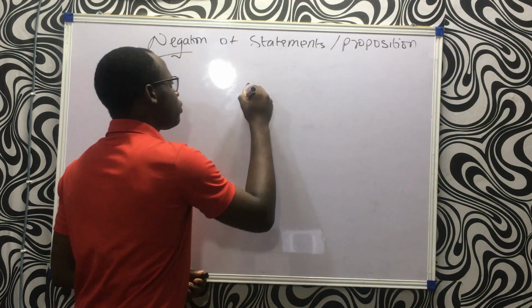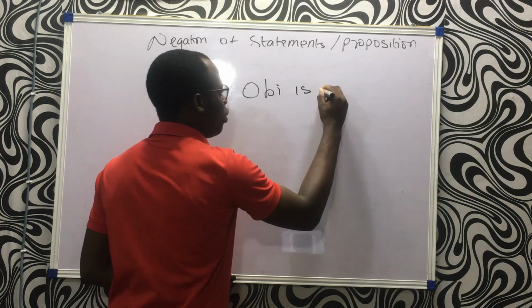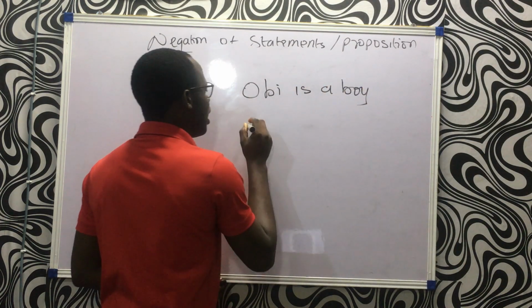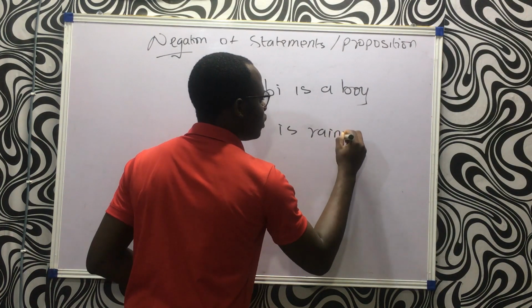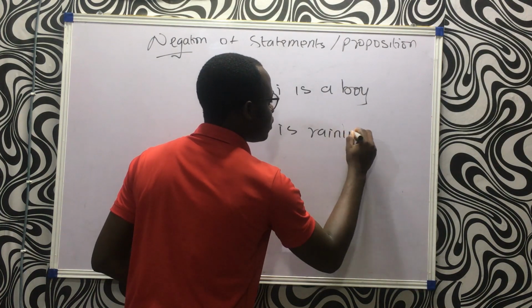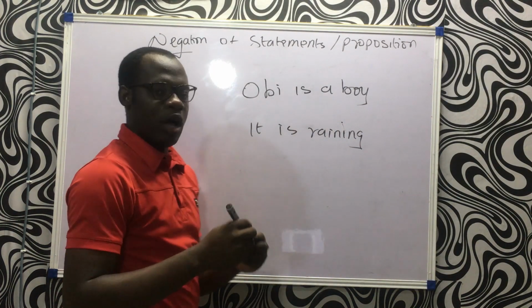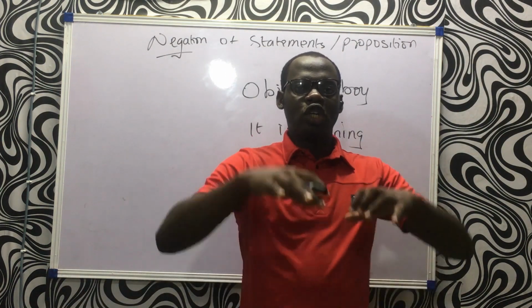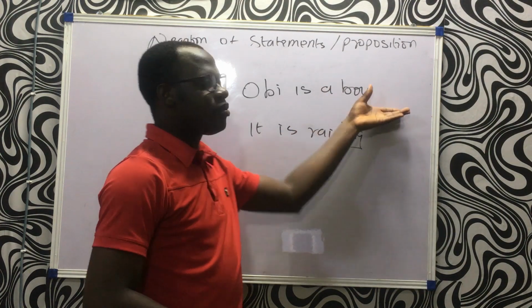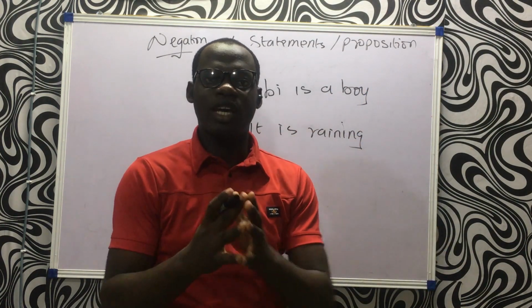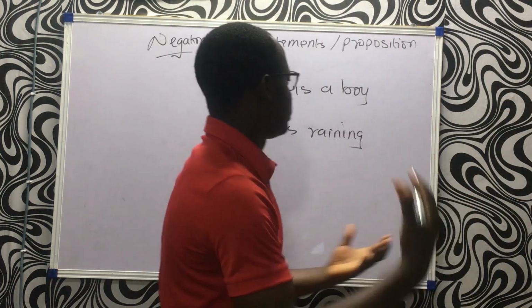Combining. We have Obi is a boy, and we have it is raining. Now, propositional logic deals with what? Joining and modifying these propositions, these statements, joining them together to form more complicated statements.